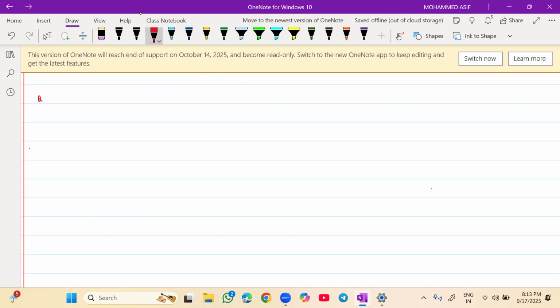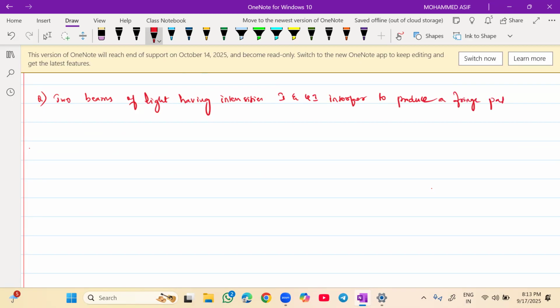We'll take one problem here. See, if I say that you have got two beams of light having intensities I and 4I, interfere to produce a fringe pattern on a screen.